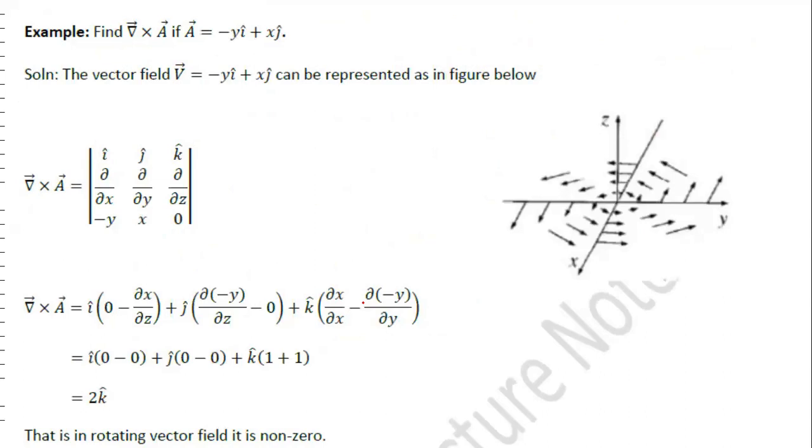Now, let us study the curl of a simple vector field, like this particular vector field A. So again, let us draw what it is. I don't think I have drawn this vector. I've drawn another vector. This is minus y i plus x j. So you can draw this vector.